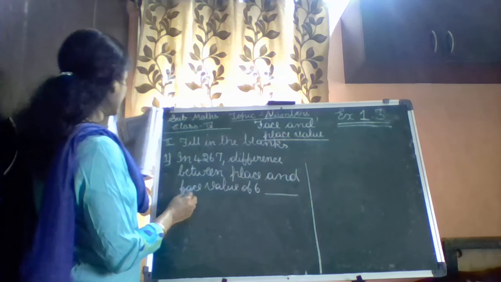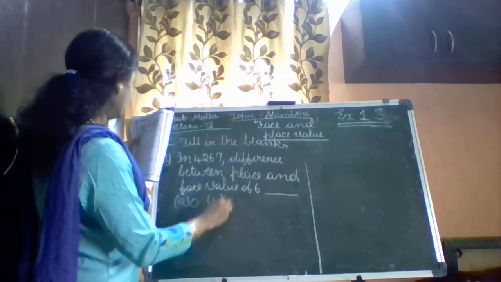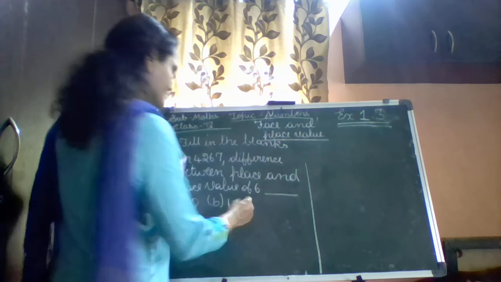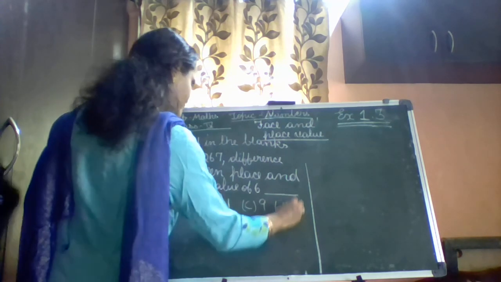They've given options as A 0, B 1, C 9 and D is 54.